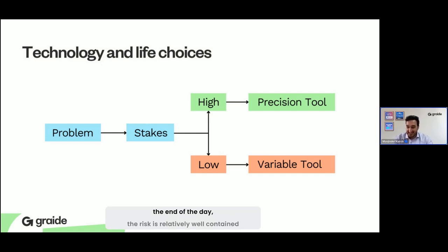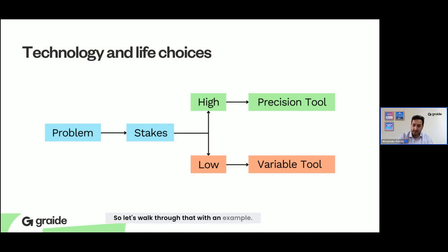Because at the end of the day, the risk is relatively well contained and it's not going to make that much of an impact. But if the variance is going to have a significant impact, be it on an individual or a group, then we really need to be quite careful, because we want to be using a much more high precision tool where the variance isn't as high.